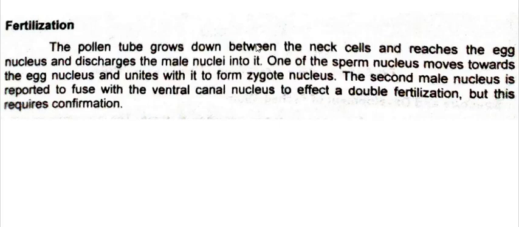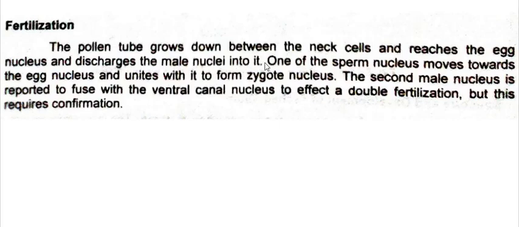The pollen grains in the pollen chamber produce the pollen tube, and this tube enters through the pollen chamber into the female gametophyte, where the archegonia are present. The pollen tube enters through the neck cells of the archegonium, reaches the egg nucleus, and releases the male nuclei into it.